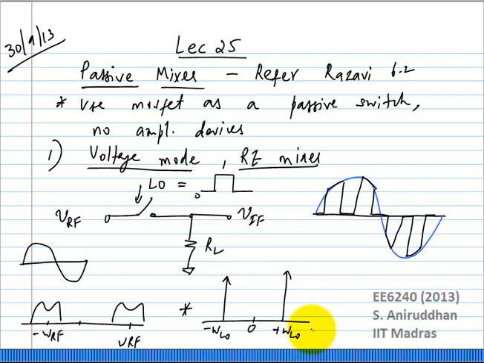For a square wave going from 0 to 1, the amplitude of the fundamental is 1 over pi on each side. So your RF waveform is convolved with this to give you your IF output, and the amplitude of these also goes down by pi.